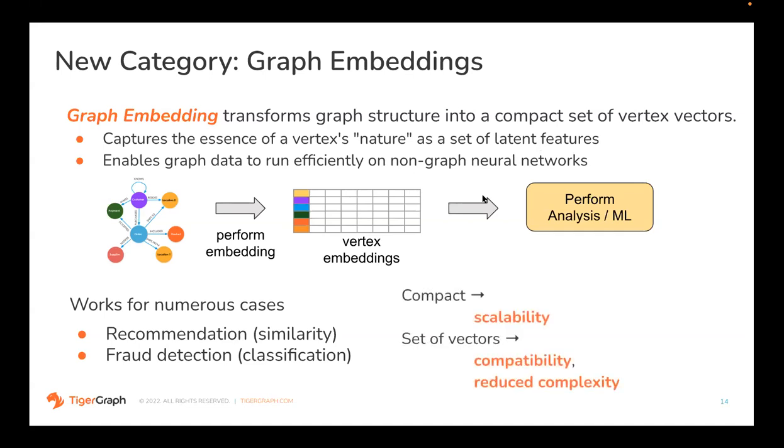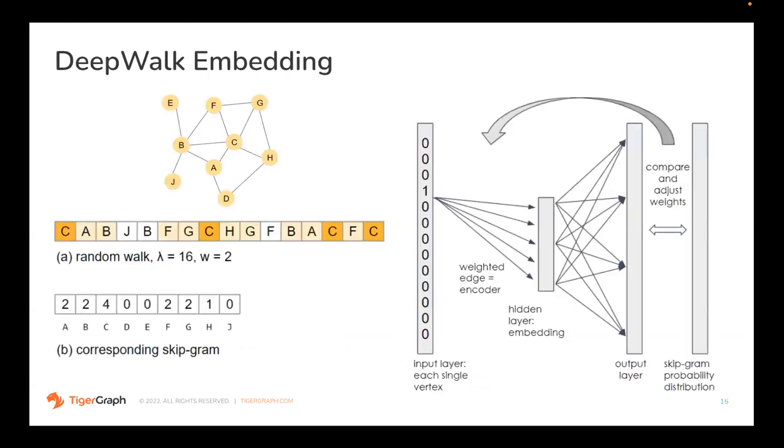And the advantage is that it's more compact, so it gives you more scalability. That linear representation allows you to then apply traditional machine learning techniques. So you get smaller, simpler, more compatible data. A lot of advantages to graph embedding.